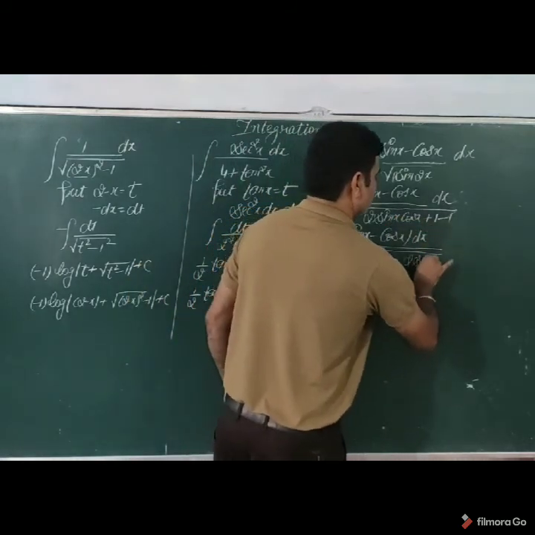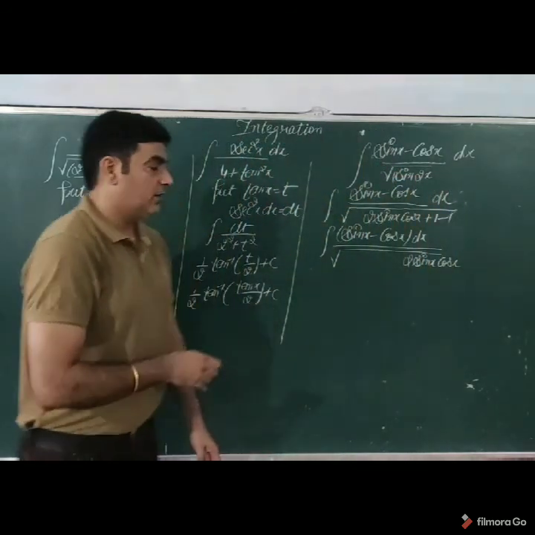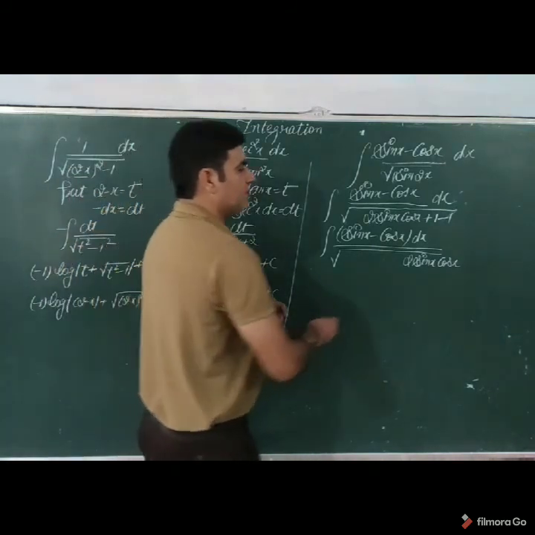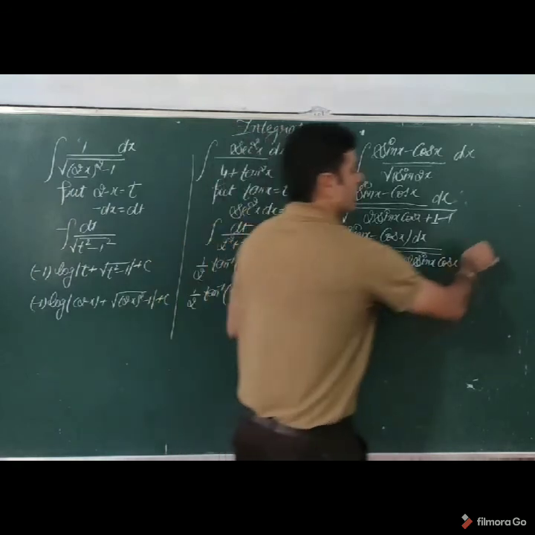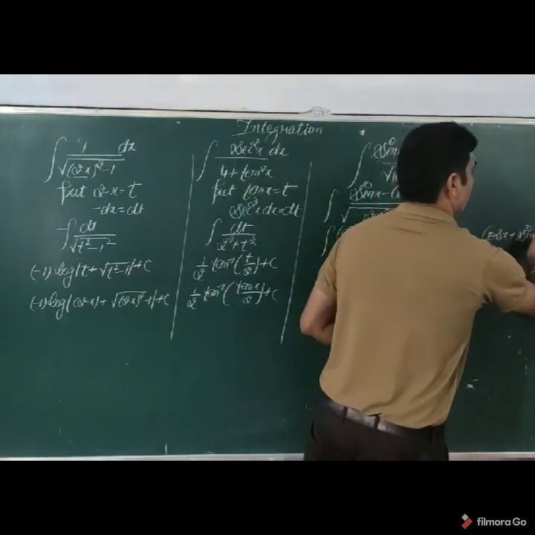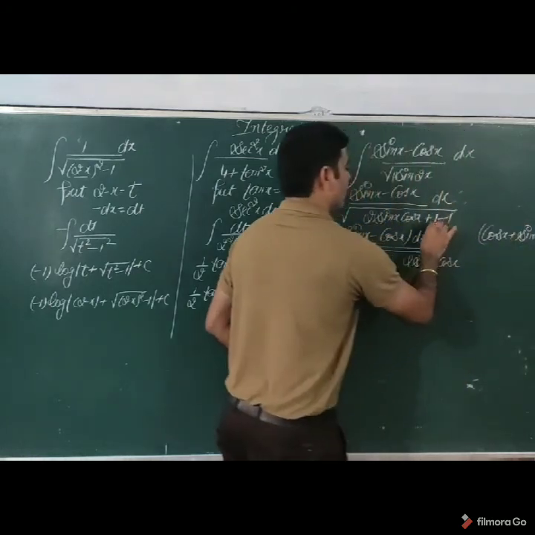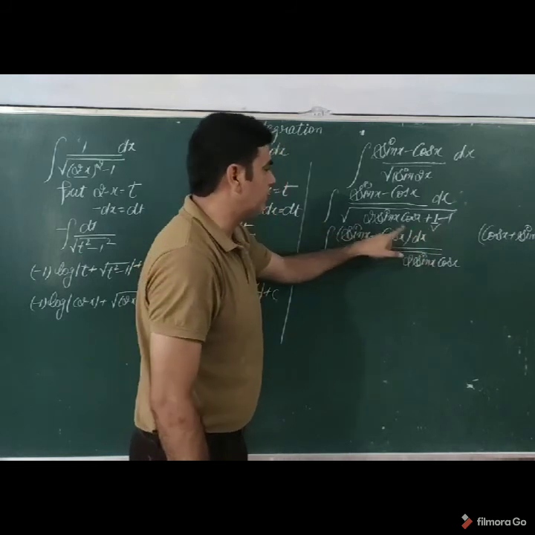We have to choose the grouping out of these two, which we have to choose here first. 2 sin x cos x remains the same. Now, which do we have to choose here? If we replace 1 by cos square plus sin square, we get cos x plus sin x whole square. If we use this one, we get cos square plus sin square in place of 1, which means a square plus b square plus 2ab.